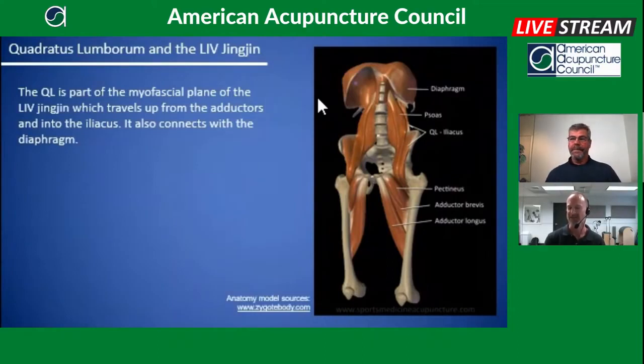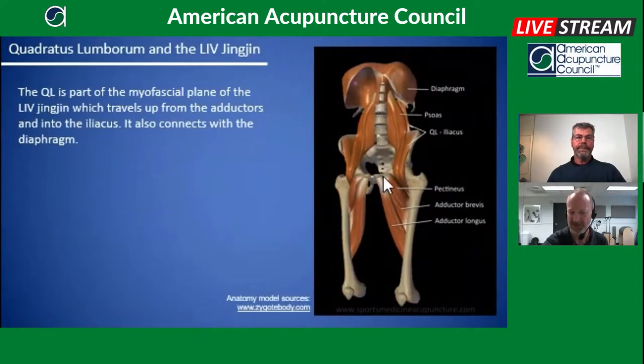But for today, just looking straight at the myofascial plane that makes up the liver sinew channel is quite interesting, because this one diverges a little bit from the classical description. The classical description has the liver sinew channel terminating at the groin, at the genitals, I think specifically.